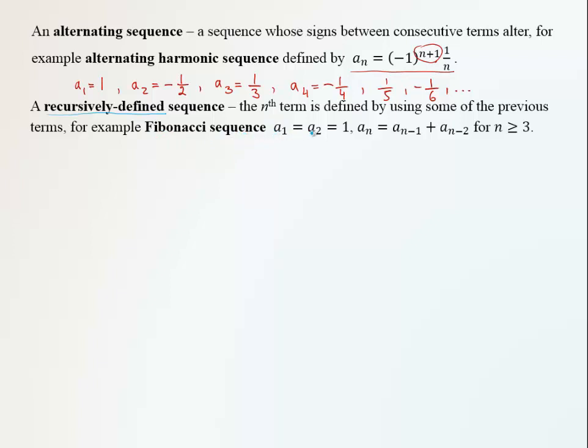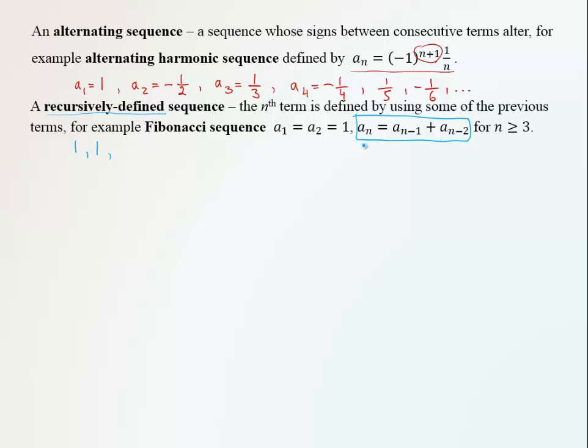If we start with first two terms being 1, so the first term is 1, second is 1, and the third term, well, it's not defined here, but for n bigger or equal to 3, I need to follow this recipe. That's the recursive formula. Why is it recursive? Because the nth term is defined through the previous terms. We have to know the previous ones in order to figure out the next one.